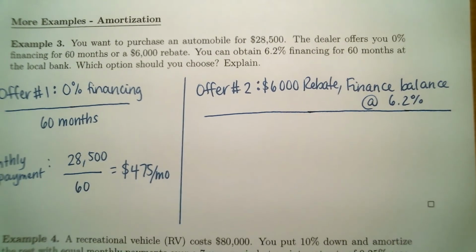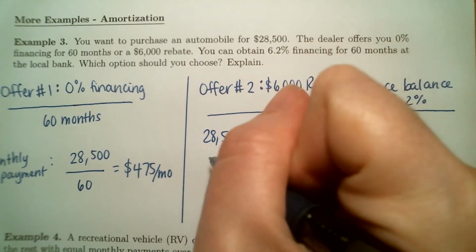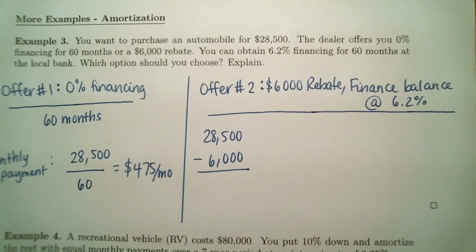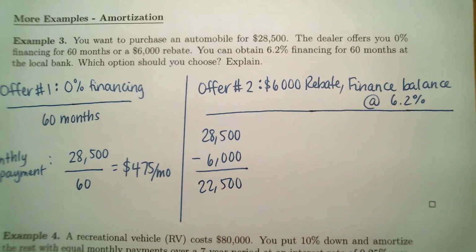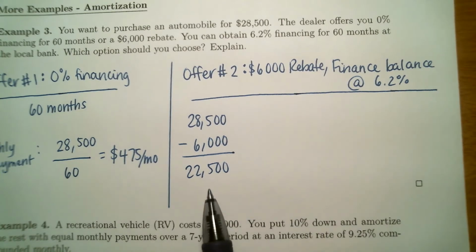The way a rebate works, that's money taken right off the top. So instead of $28,500, the purchase price of the car, you would take $6,000 off the purchase price. So that's going to be $22,500. That's the purchase price of the car, and that's the amount you would have to finance, meaning this is the amount you're going to owe on the car, but you are going to have to pay interest here.